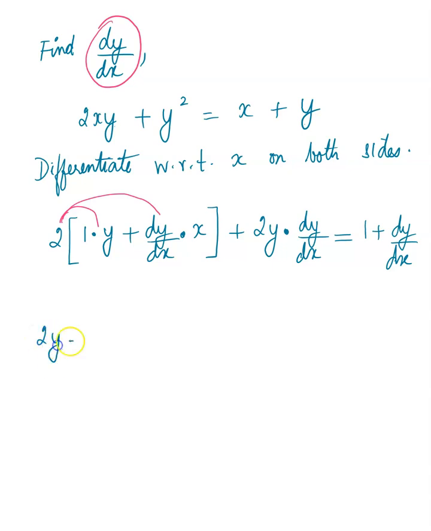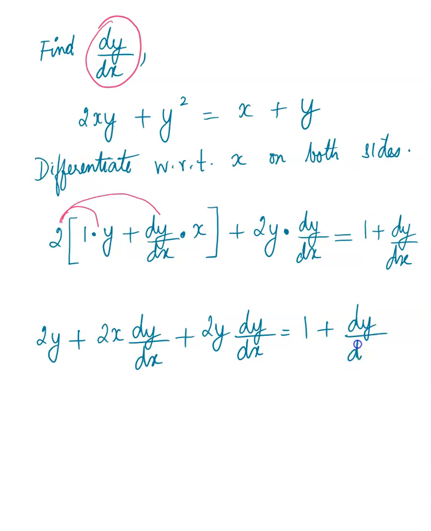That will be 2y plus 2x dy over dx plus 2y dy over dx equals 1 plus dy over dx. Now let's go up to the terms that contain the dy over dx. Just to help us with that, circling only the dy over dx, that you know you're going to collect the whole term.